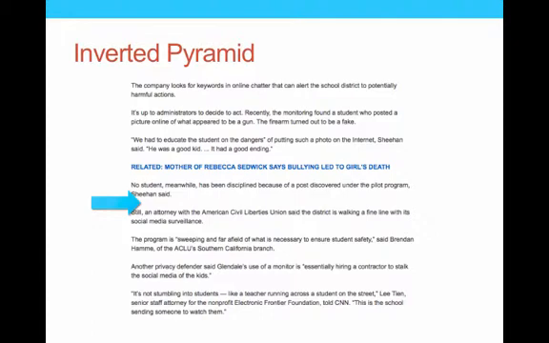And the story also ends on what we talked about is a closed quote from someone representing the Electronic Frontier Foundation. And they describe how this kind of monitoring is different than just a teacher knowing that a student is doing something inappropriate and reporting it.